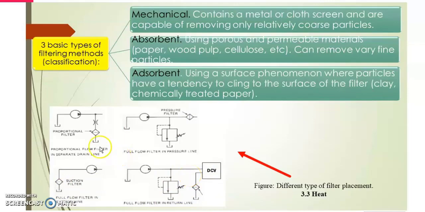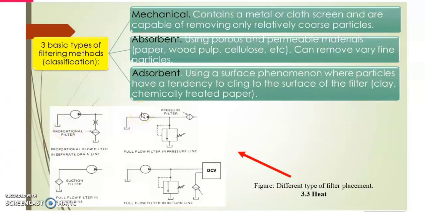For the proportional flow filter in the separate drain line, the primary disadvantages of this filter placement are that there is no positive protection of any specific component within the system, and there is no way to know when the filter is dirty.